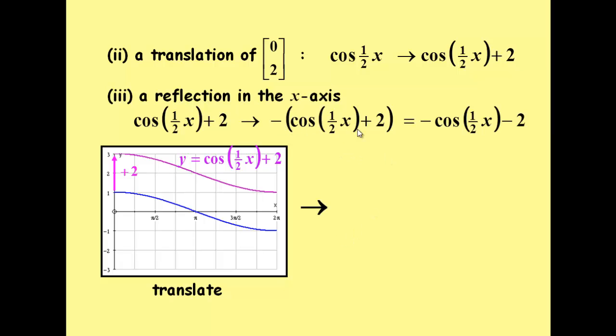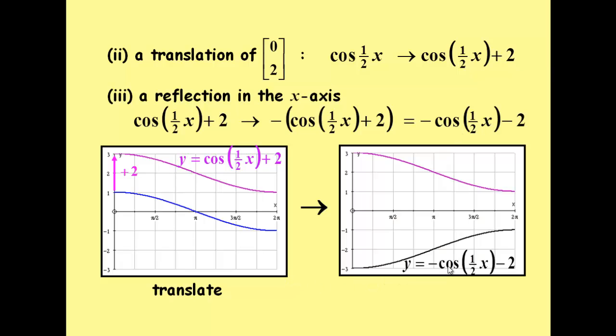We can expand that out, can't we? Multiply out by minus 1, and it gets us to this. And that's what it looks like. We now have the black curve, and job done. And you can see there how the points are reflected, these distances being the same.